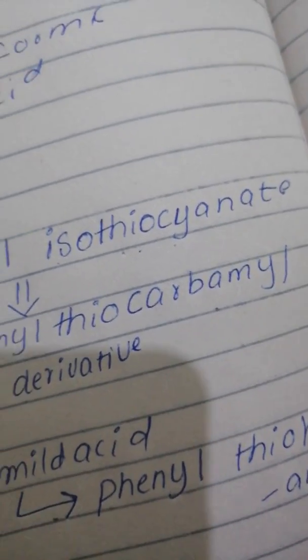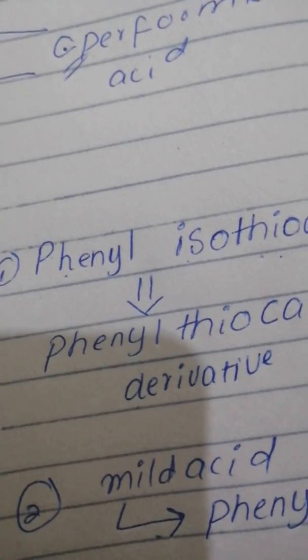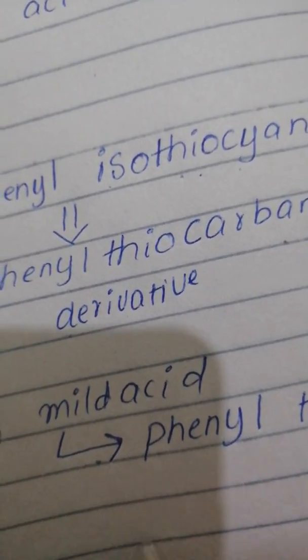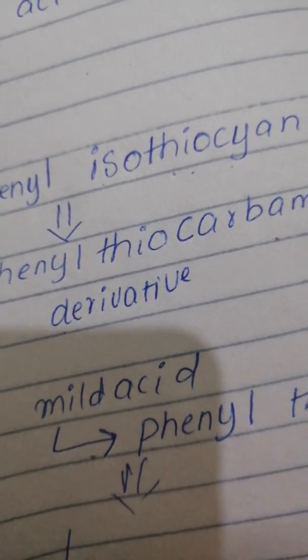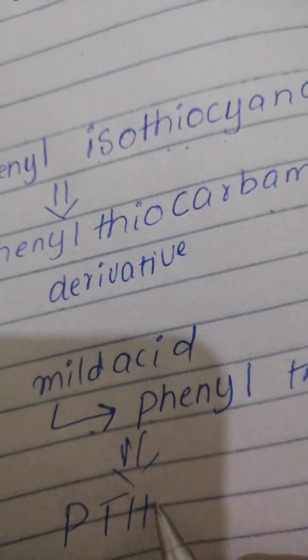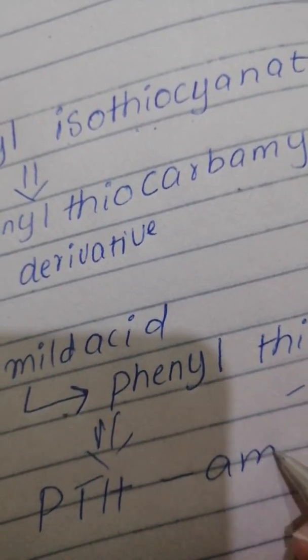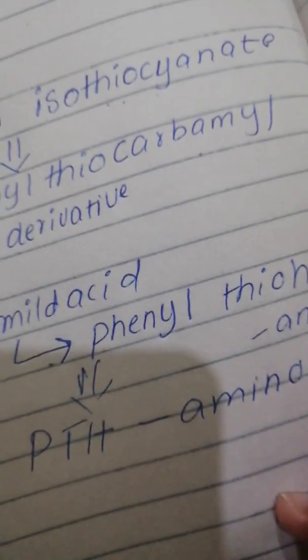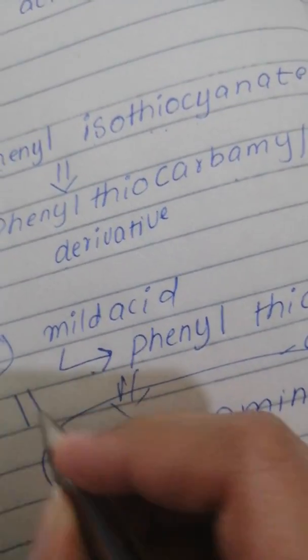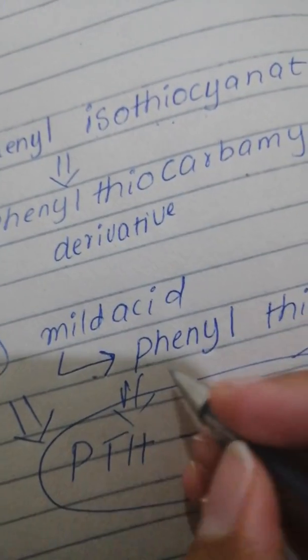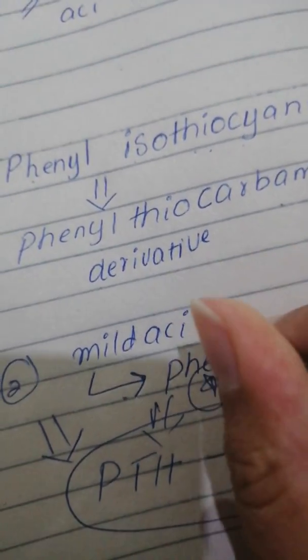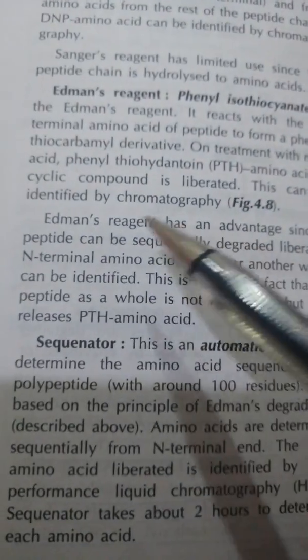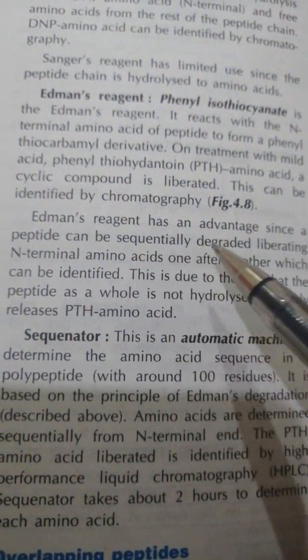What does this do? It liberates a single amino acid, which you term as the PTH amino acid. This is a cyclic compound, and because just one is liberated, you can identify via chromatography. And this is advantageous since a peptide can be sequentially degraded.